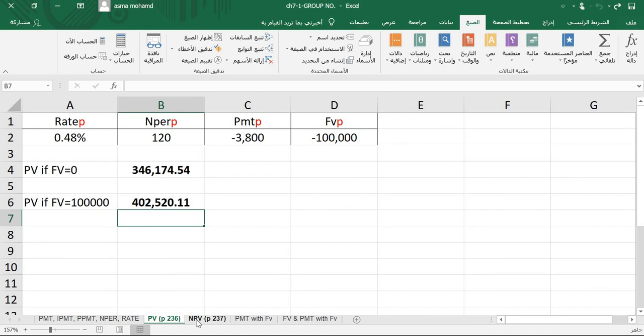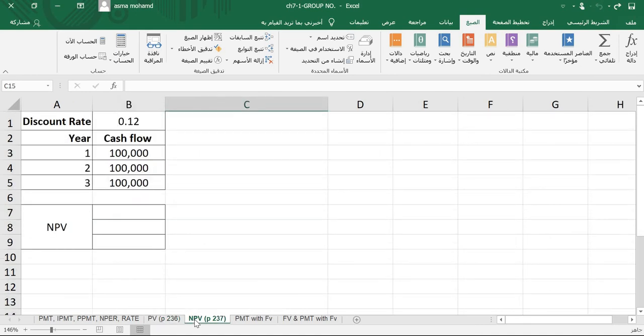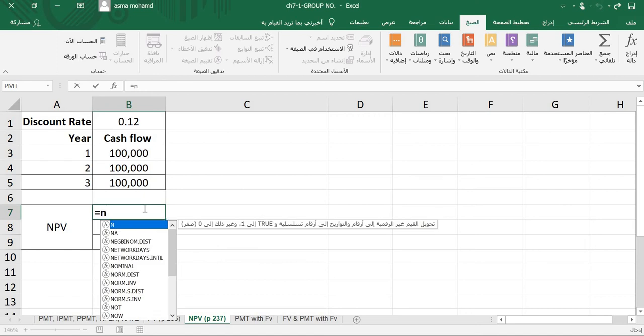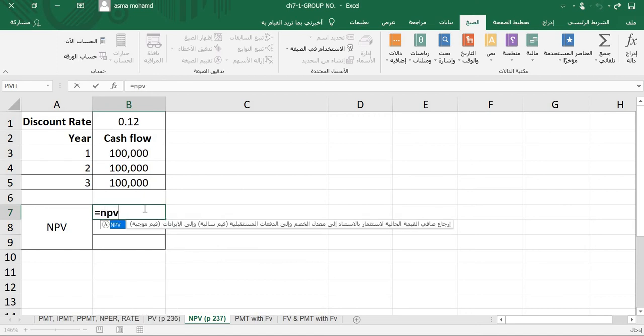Now let's move on to the net present value. The net present value, because as you know, the value of money decreases through time, will calculate how much this money of future cash flow is worth now. Suppose your father says, either I will give you 250,000 riyal now, or I will give you 100,000 riyal in each of the following years.